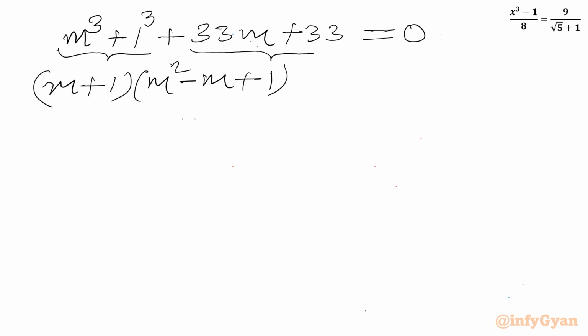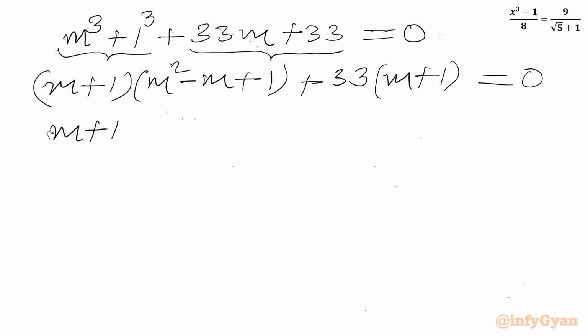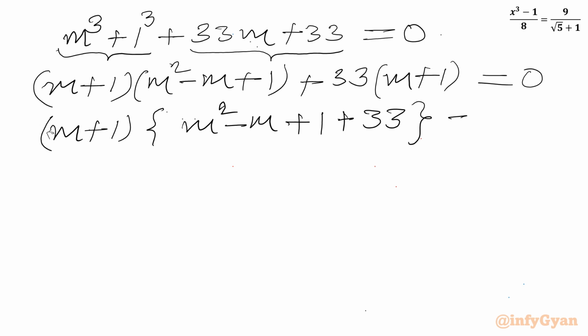Now from these two terms I can see 33 is common, so in the bracket m plus 1 equal to 0. Now m plus 1 is overall common. So in the other bracket we will get m square minus m plus 1 plus 33 equal to 0.